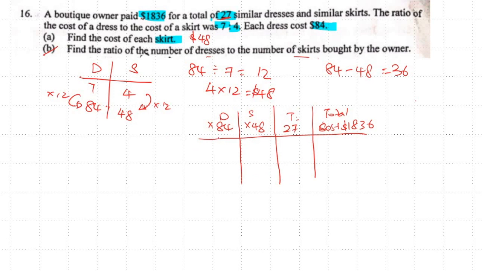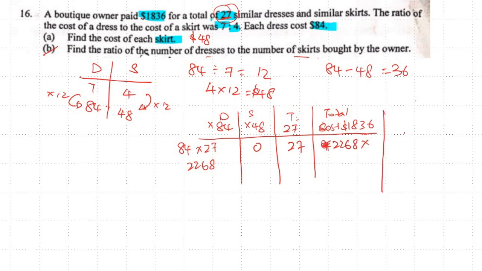Because I know that there's actually a total of 27, if I put all 27 to be dresses, 27 times 84, it will give me 2268. Then shirts is 0 and dresses is 27. 2268 minus 1836. The total cost is 2268, which is wrong.